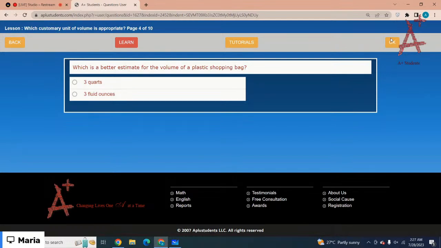The correct option for a plastic shopping bag would be 3 quarts.